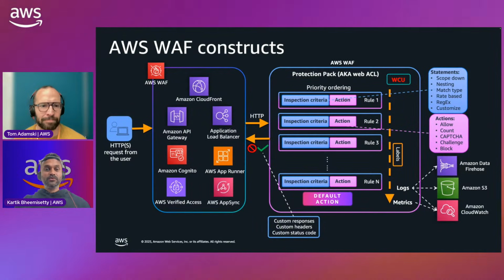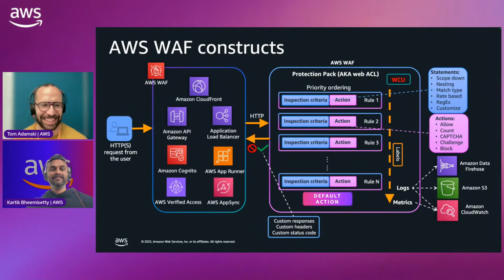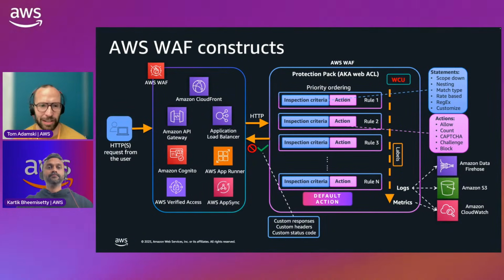I just want to ask the users, does anyone use WAF with Cognito, Verified Access, App Runner, or AppSync here? I would be interested to understand, because it's very rarely I see customers doing that. I had a customer deploy WAF for Cognito. They had very strict requirements to limit access to Cognito from specific IP addresses. So it was a pretty simple rule set.